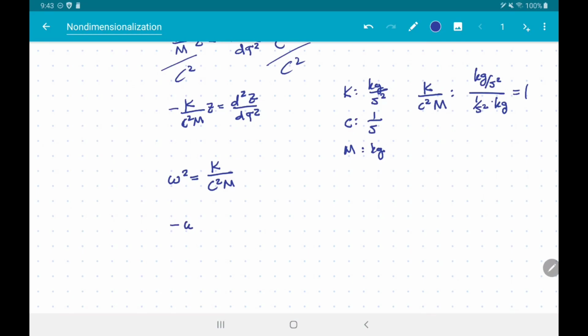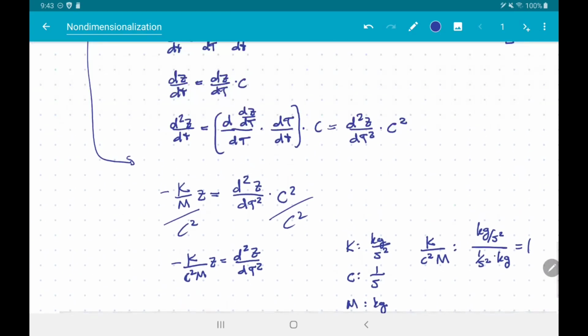So at this point, we have written a differential equation that captures the essential behavior of the physical system. But z, let's see here, does z have units?